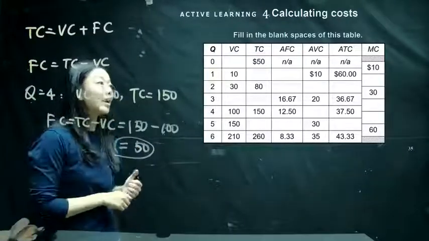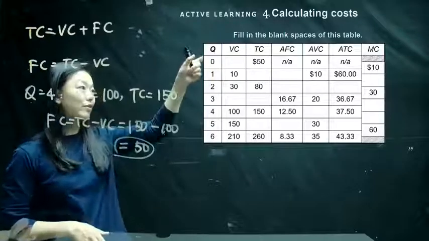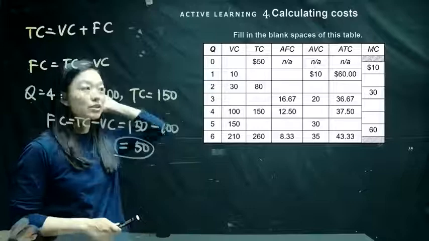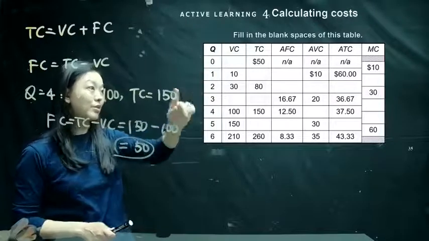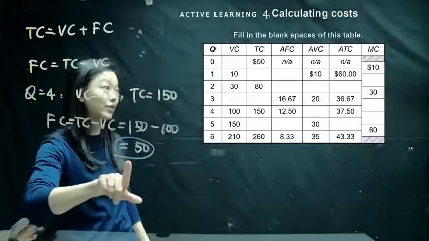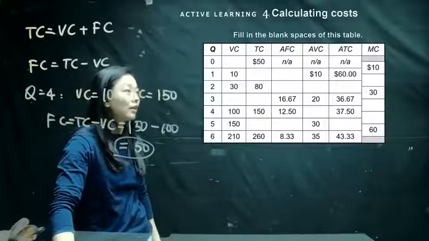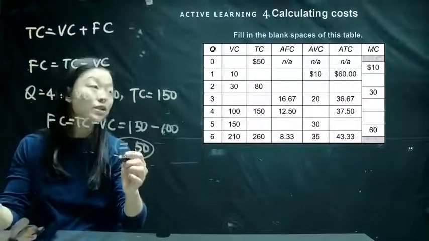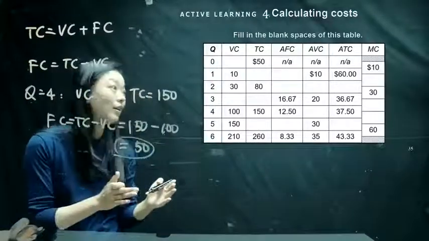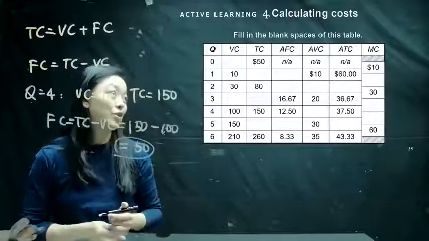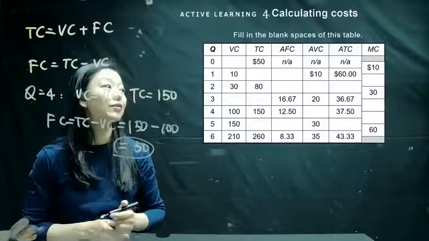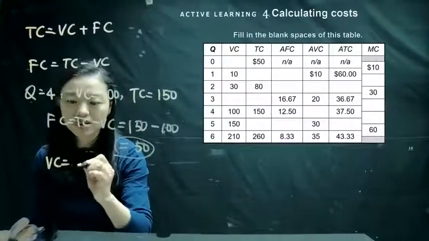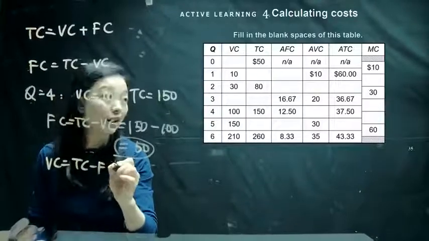You can also get the fixed cost through the average fixed cost, by using average fixed cost times the quantity. Then, if we have the fixed cost equal to 50, it will be easy for us to get the variable cost, because the variable cost is just total cost minus fixed cost.